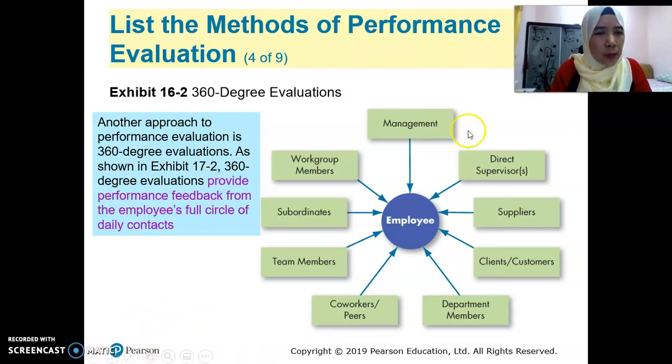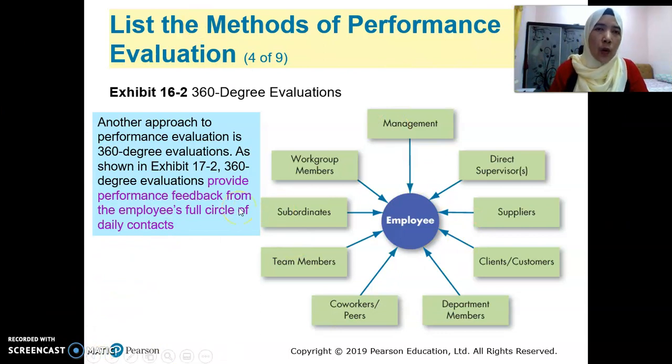So it can be from the management, from the direct supervisors, from the suppliers that these employees deal with, or the customers or clients that these employees entertain. It can be department members, co-workers, subordinates, team members around these employees. So this 360 degree evaluation provides performance feedback from all around, full circle, in terms of daily context.